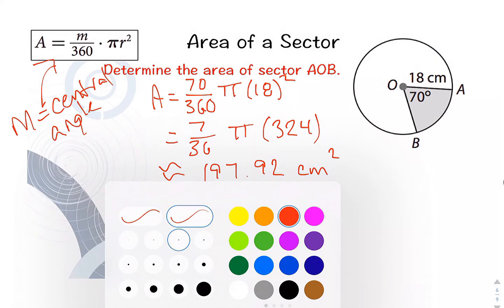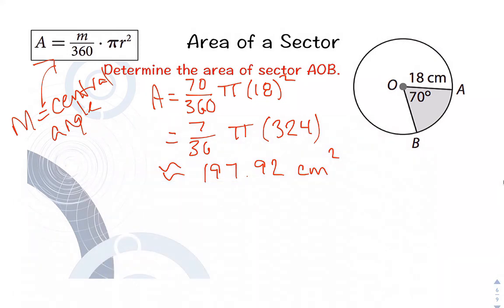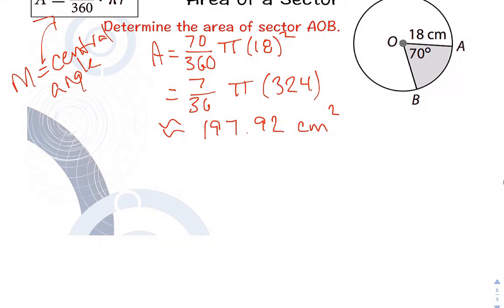Let me show you a second method. Okay, and this is a method that Mr. Sutherland likes to use, thinking about proportions. So we're thinking sector to the whole circle. So we're setting up a proportion, sector to the whole, or part to whole. So if I think about the degrees, so that's 70 to 360.